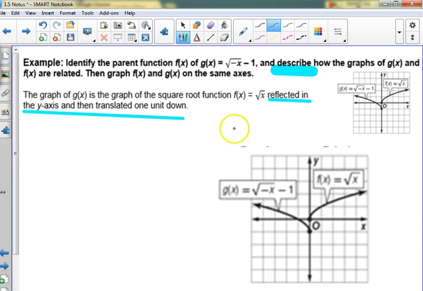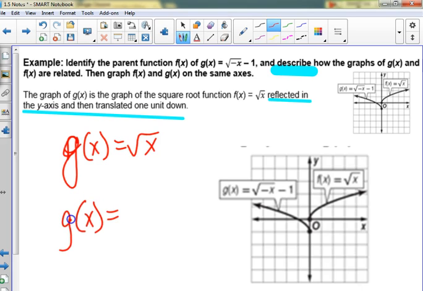Quickly, this is the other worksheet. It says describe what happened and then graph them on the same axis. So it started out with, well, they used g of x. g of x was the square root of x. And then they did this. Anybody remember what an x inside, an opposite sign, I'm sorry, inside does?